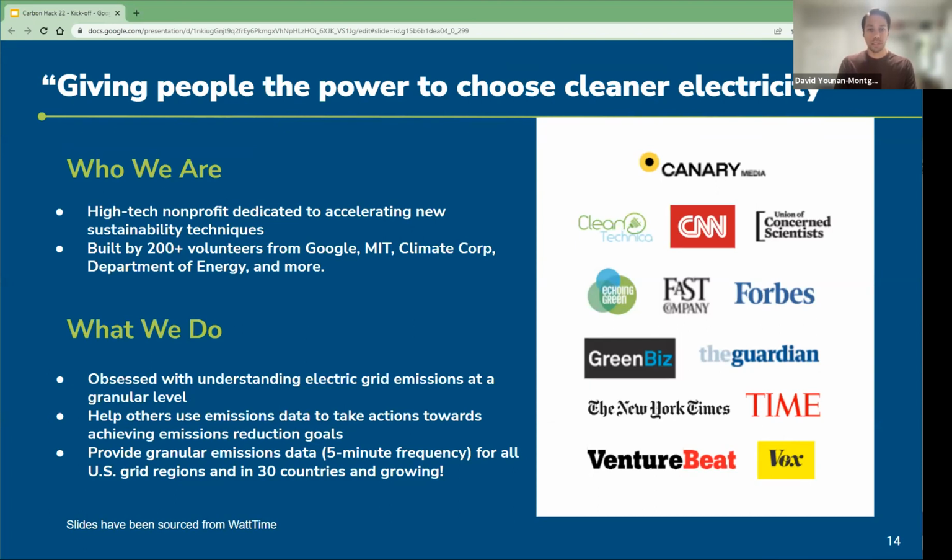To support this hackathon, What Time is providing access to marginal emissions data through the GSF SDK. So I thought it'd be helpful to give a brief orientation to the data itself, how we create it, what our data sources are, and I know there's a couple questions in the chat along those lines, so I'll try to answer those as we go. Next slide.